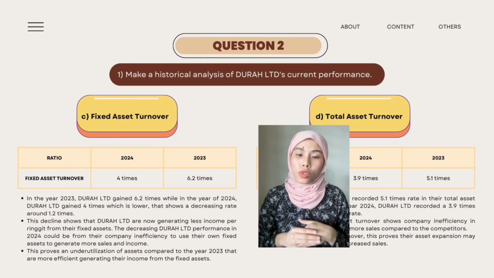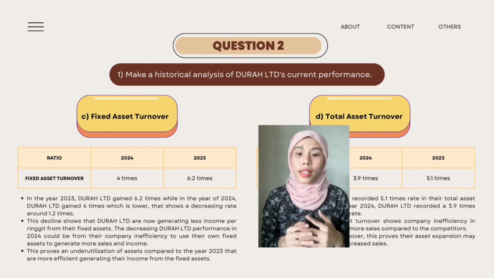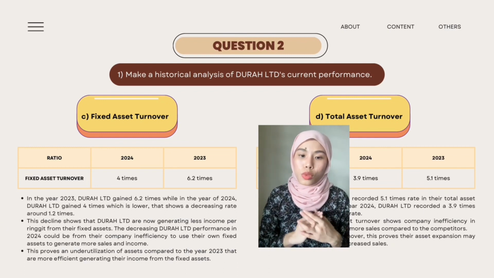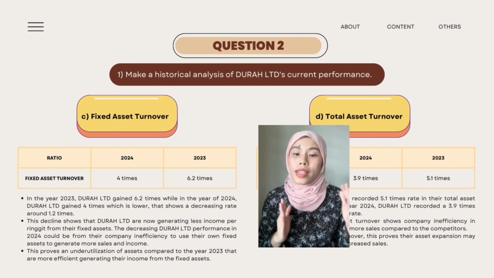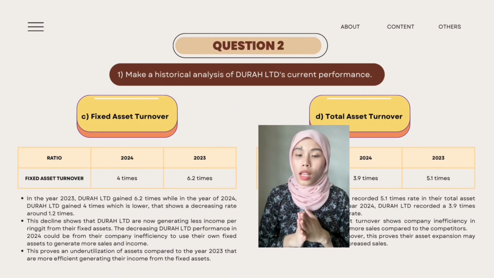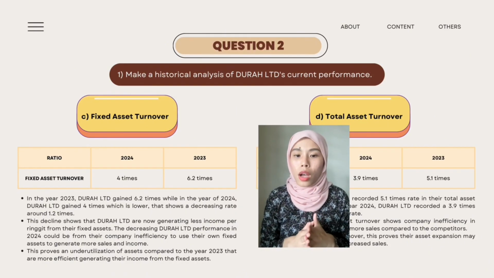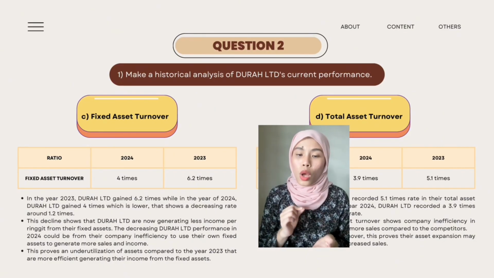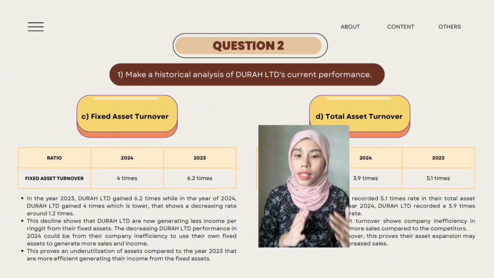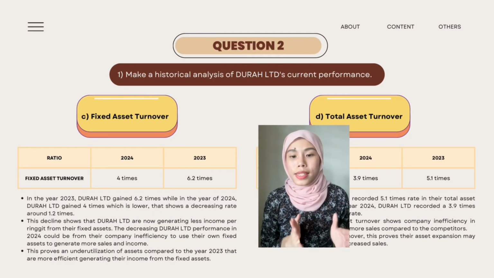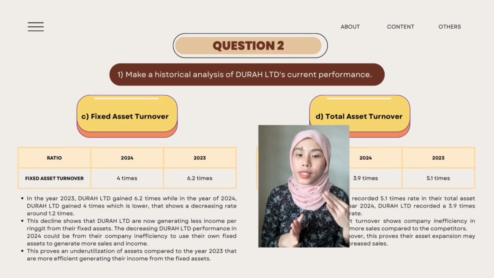In the year of 2023, Dura Ltd gained 6.2 times, while in the year of 2024, Dura Ltd only gained 4 times, which is a lower rate. That shows a decreasing rate, a difference of around 1.2 times. This decline shows that Dura Ltd is now generating less income per ringgit from their fixed assets.